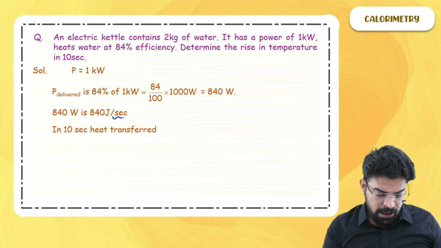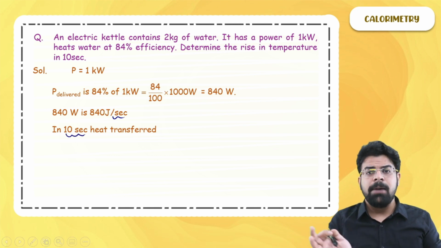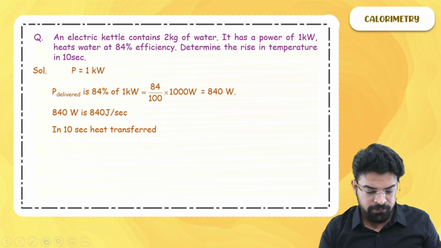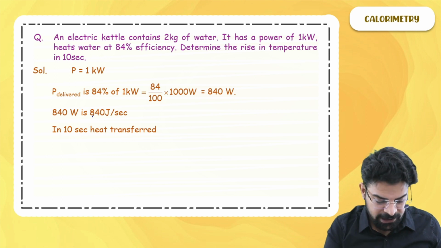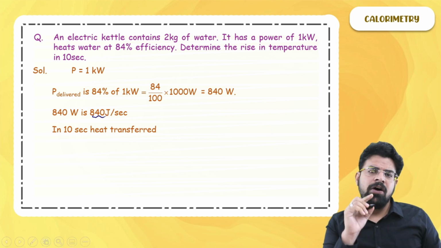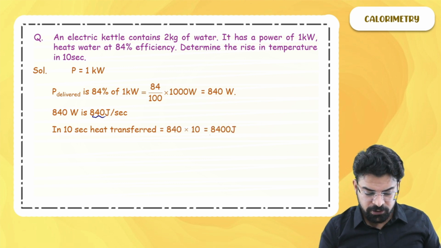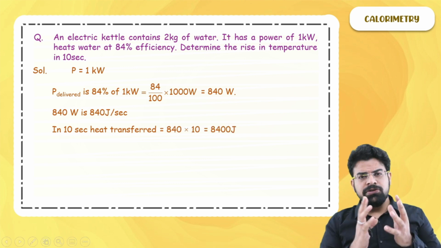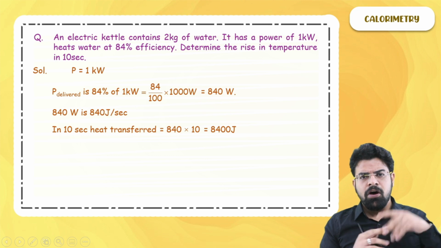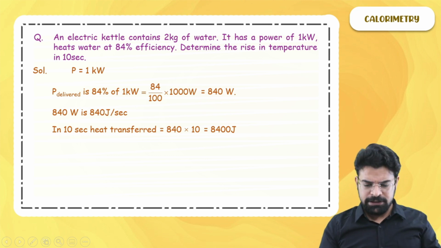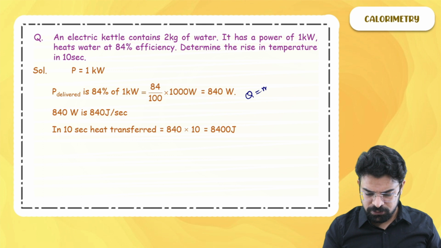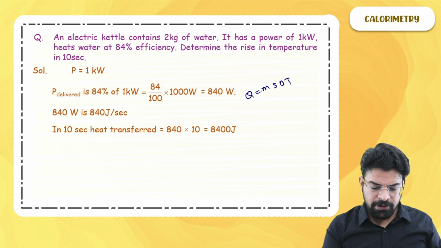Now in 10 seconds, the total amount of heat provided to water will be, in 1 second you are providing 840 joule, so in 10 seconds, 840 into 10, which is 8400 joule. Now using 8400 joule of heat, how much will the temperature of water rise? So you will say, Q equals m s delta T. We have got 2 kg of water.